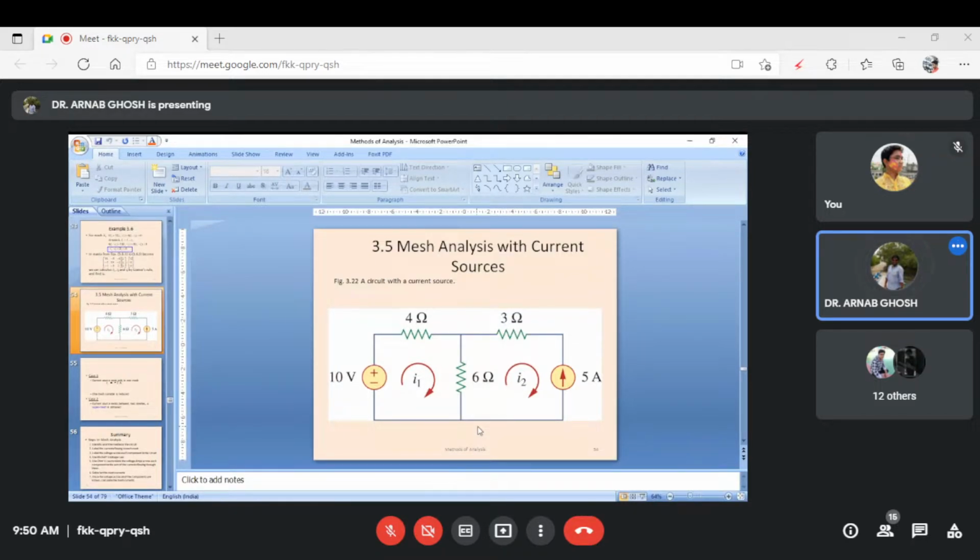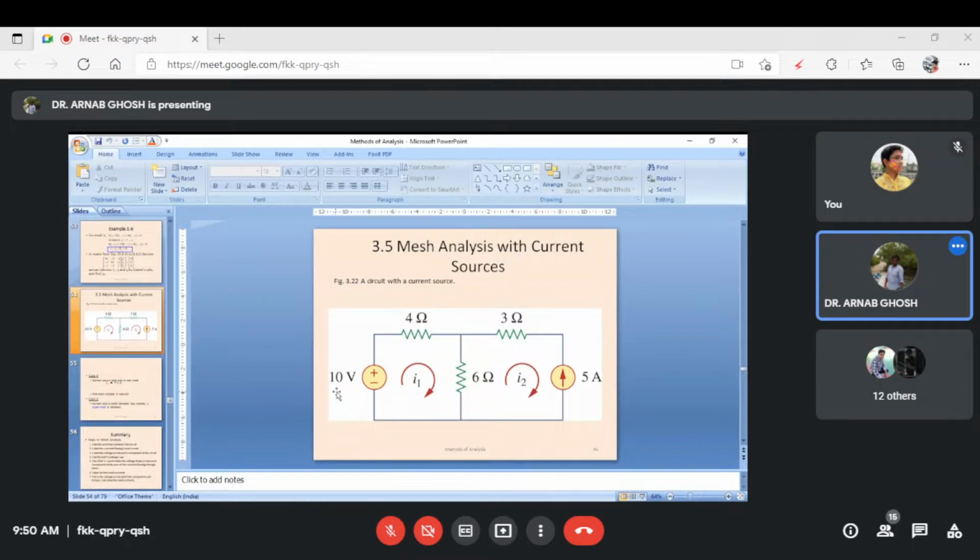But if there are mixed cases, so see in this case, you have a mesh having an independent voltage source as well as an independent current source.